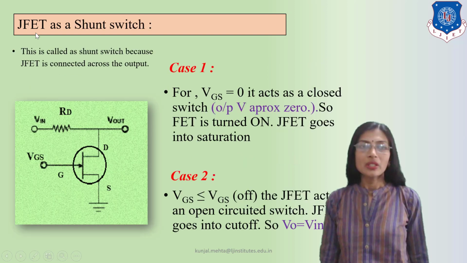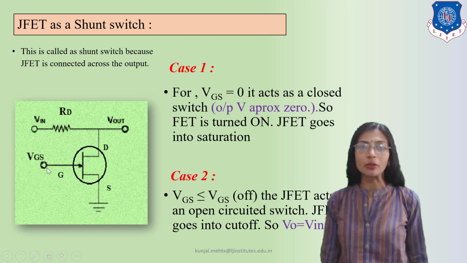Now, let me explain the JFET as a shunt switch. This is called the shunt switch because JFET is connected across the output, that means it is parallel to the input. This is the V input, this is drain, this is gate, and this is source. Source is connected to the common and V input is applied to the drain and output is collected here.